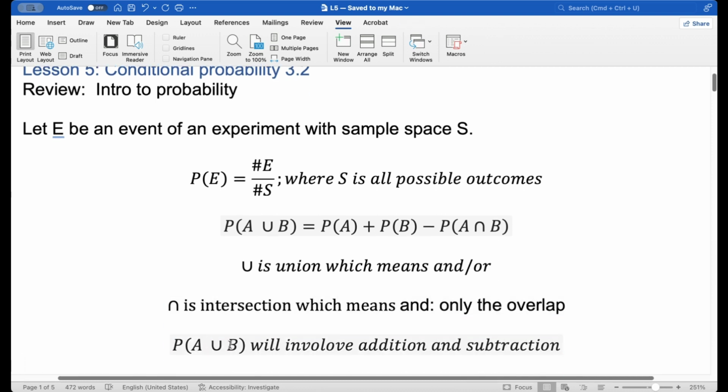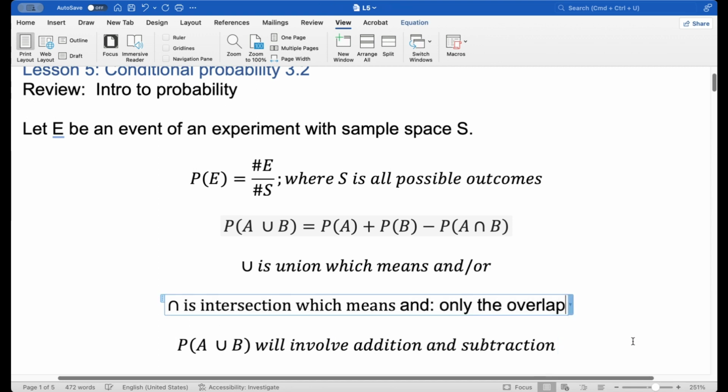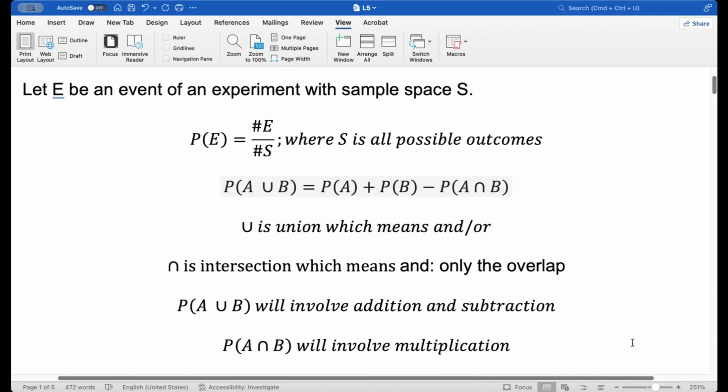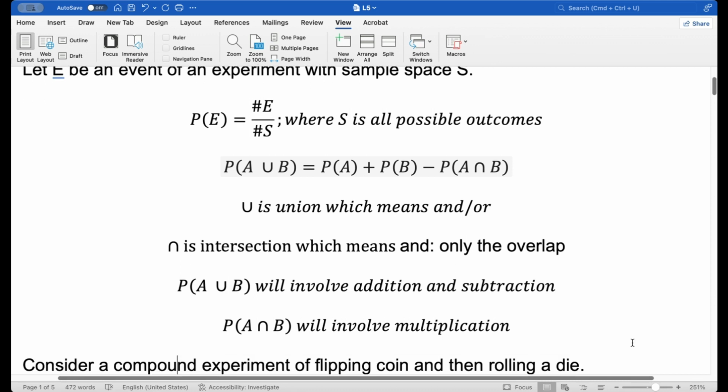The probability of A union B will involve addition and subtraction. The intersection will be multiplication. We're going to get to those formulas coming up now.